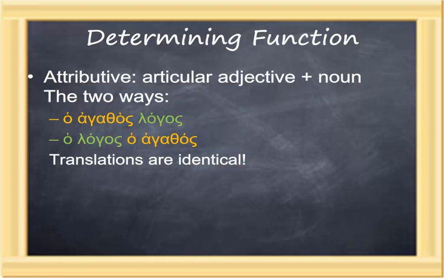In a way that looks a lot like English, ho agathos logos, the good word, but it can also show up where the adjective follows the noun and has its own article, ho logos ho agathos, which, by the way, is translated identically to the first one, the good word. Just two different ways. The key is the adjective has an article preceding it and a noun with which it agrees, in case, gender, and number.